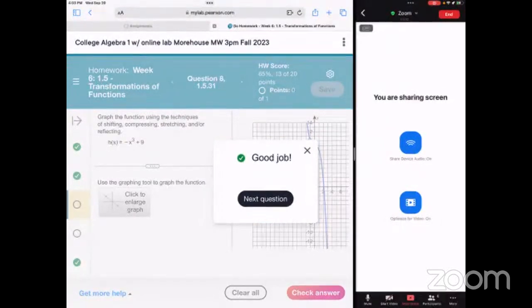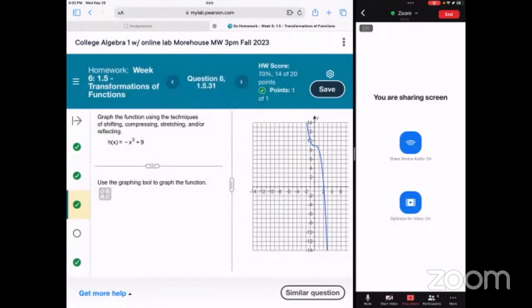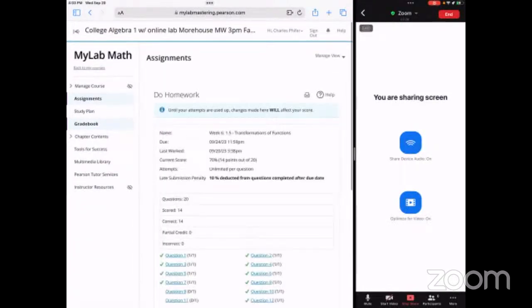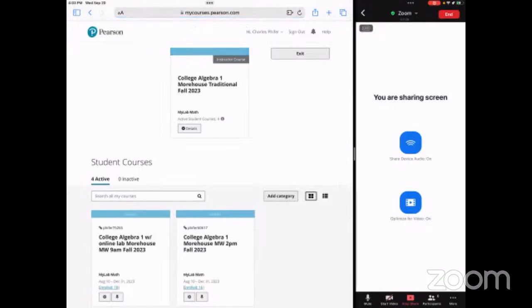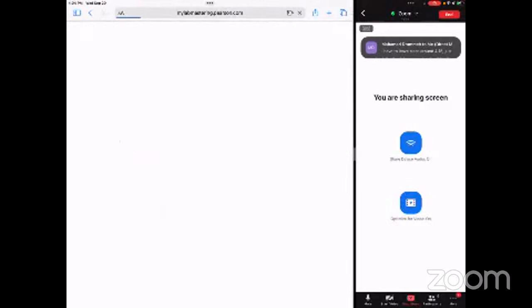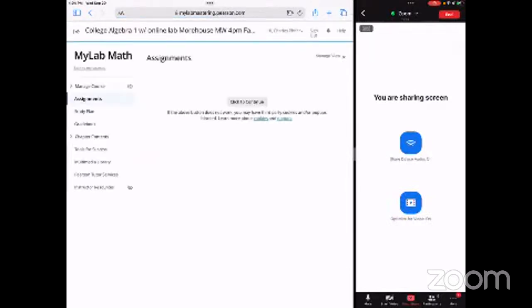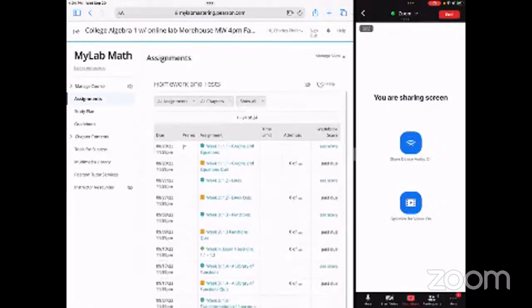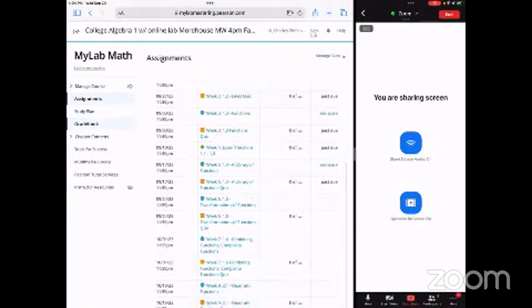Let's see. This should still be active. Yeah, that's fine. Don't worry about it. Okay, so we're working on section 1.5.